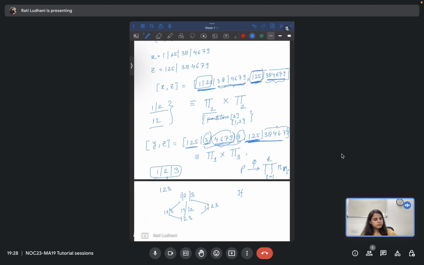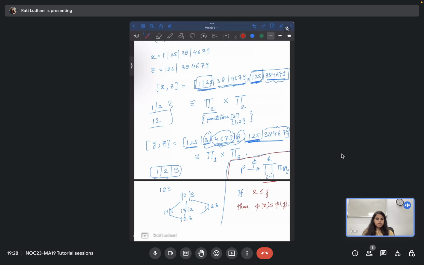So for isomorphism, what should happen? This is the definition of isomorphism. Isomorphism says you have an isomorphism phi between p and this product if x is less than or equal to y, then what should happen? Phi of x should be less than or equal to phi of y.